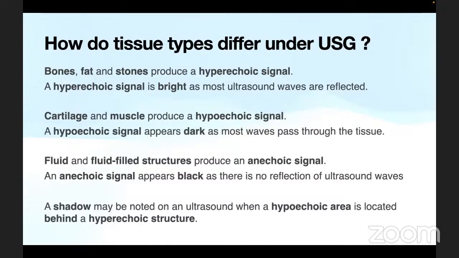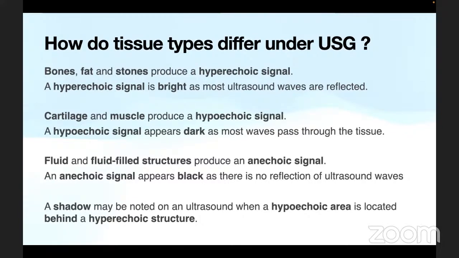So how do different types of tissues differ under ultrasound? We should keep in mind that different tissues give different echo textures, and we should be able to know what is what. Bones, fat, and stones produce a hyperechoic signal, meaning the intensity of the signal received back is very high because they totally reflect.